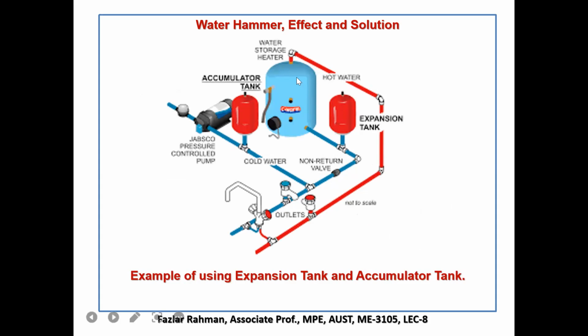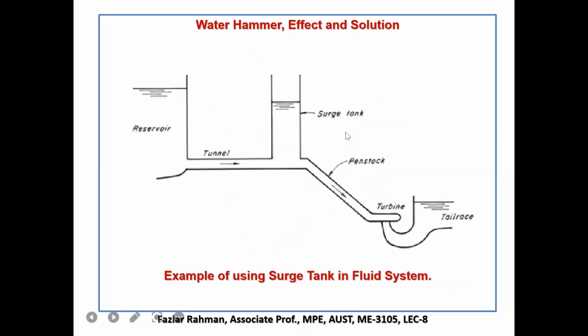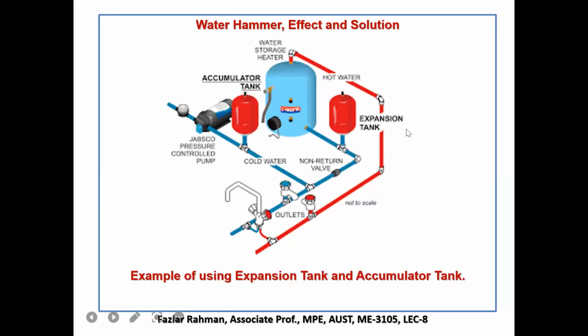Or if fluid is coming out from the tank and you close this valve suddenly, then what will happen? The remaining fluid will enter this tank. Similarly, this one is called an accumulator. So by adding an accumulator, expansion tank, or surge tank in the fluid system, you can minimize the water hammer.